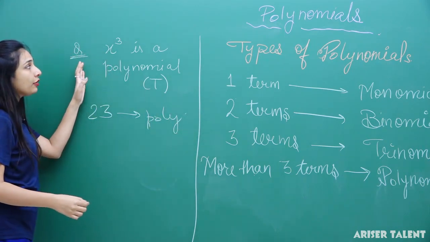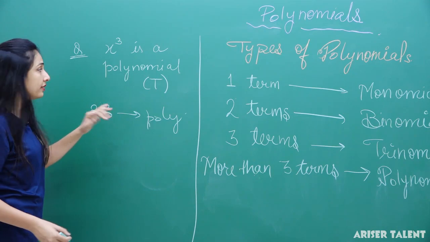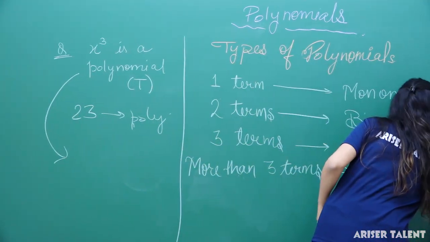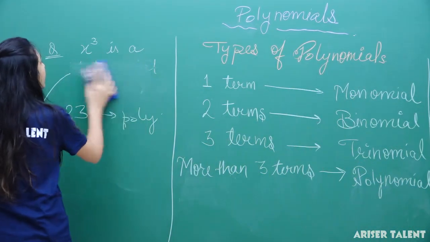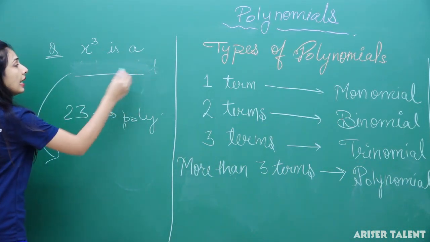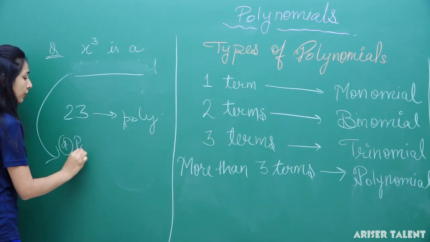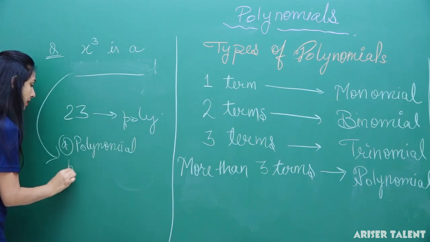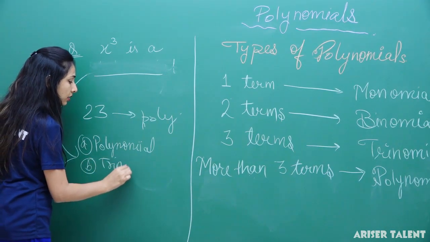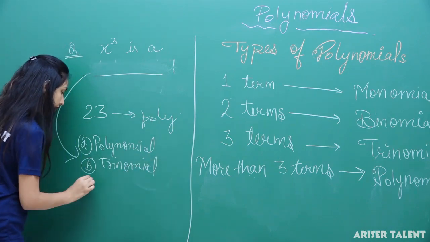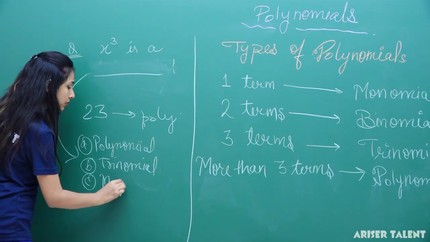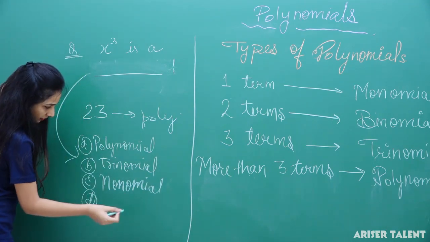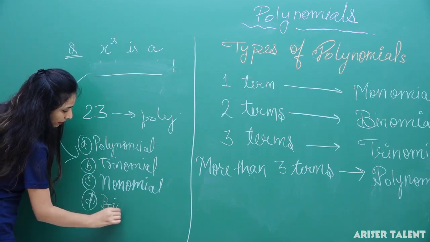Okay, if this same question comes in multiple choice, like x cube is a, fill in the blanks, and you are having options: A polynomial, B trinomial, C monomial, and D binomial.